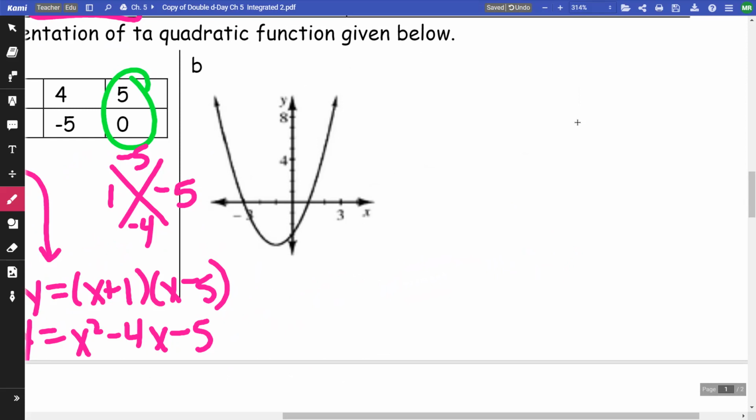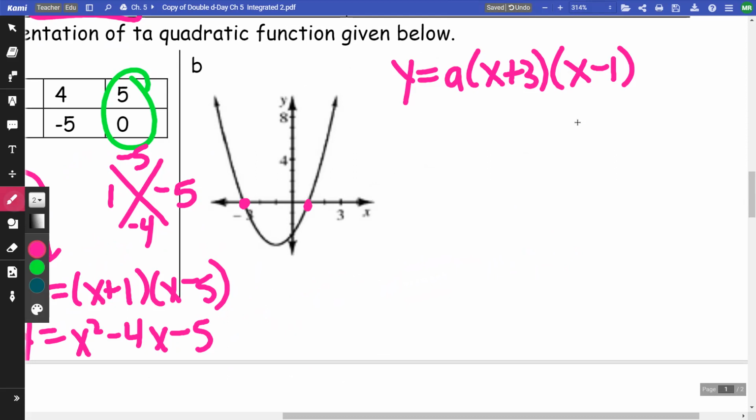On this one, I have a -3 and a 1. So this is going to be y equal a times -3 is going to give me an x plus 3. The 1 is going to give me an x minus 1. And I want to find a point that I'm going to plug in here. And it looks like this one here is at 0, -3.